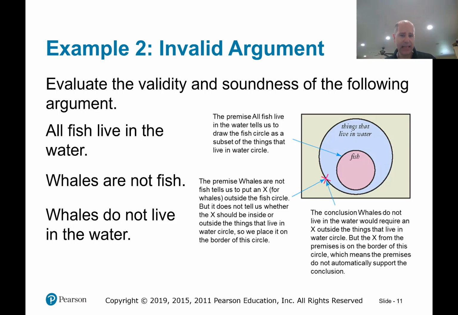Well, it doesn't, because there's nothing in the argument that tells me whether the X has to go in the blue or whether the X has to go in the green region. So since it's not clear where I should put the X, we put it right on the border of the two, which indicates where we're not sure. And of course, if we're not sure, it's an invalid argument.